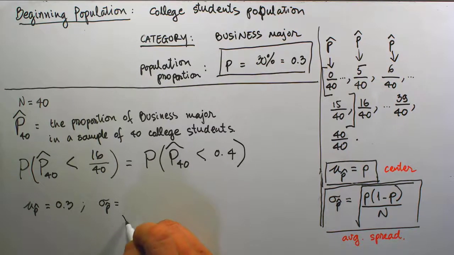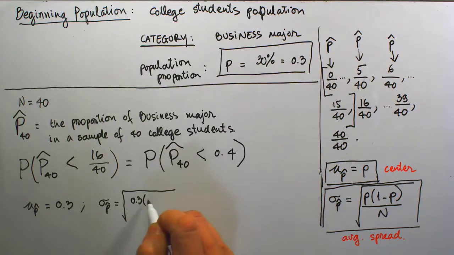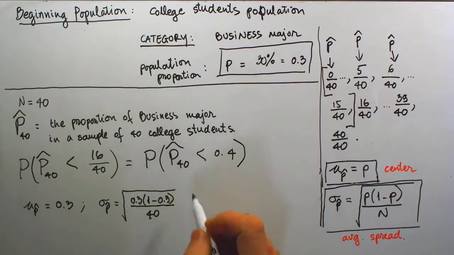We're going to take the square root of 0.3 multiplied by 1 minus 0.3 inside the square root, and divide it by capital N being 40 in this case. Now I'm going to spend some time doing the calculation for this setup right here.